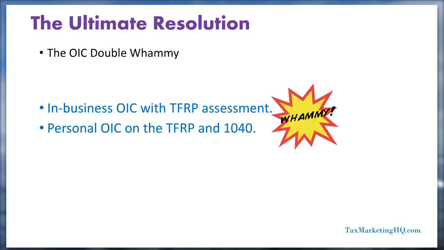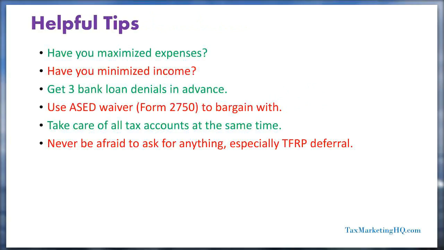And once the offer in compromise settlements are made and paid, they can move on with their life and start over. So that's why I call it the double whammy. It really is in those rare situations where you can actually help somebody out doing this. I'll tell you, this is really where it feels good to do what we do, helping folks out.